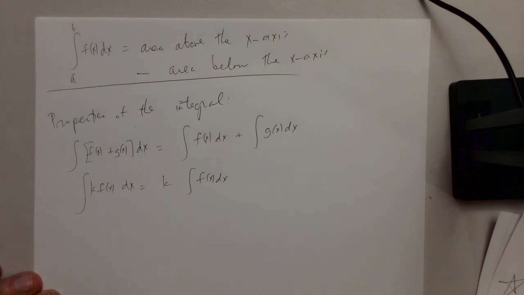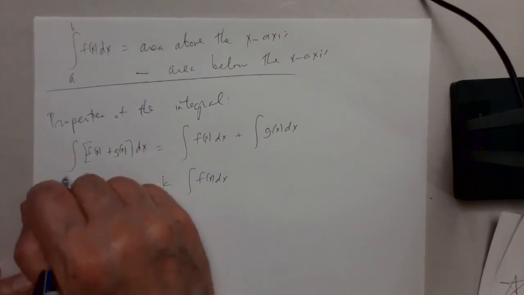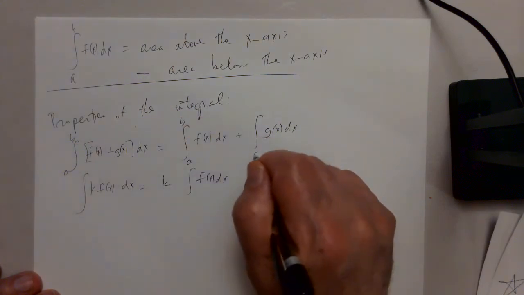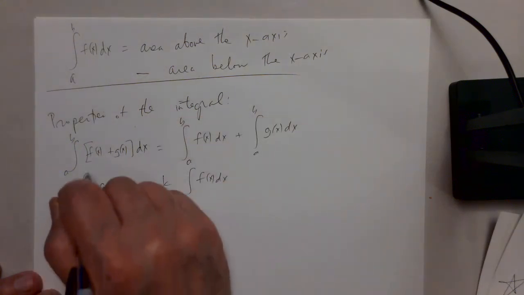And these two rules are true both for definite integrals and indefinite integrals. So if this were integrals from a to b, I can just put these upper and lower limits of integration in.